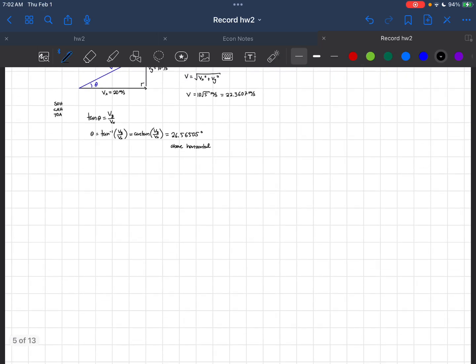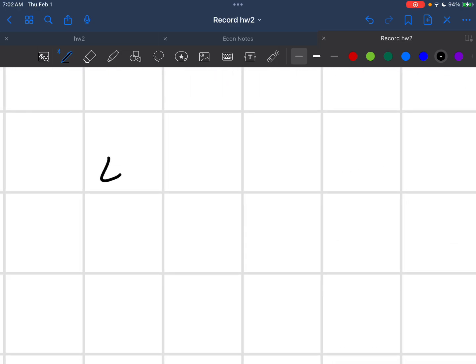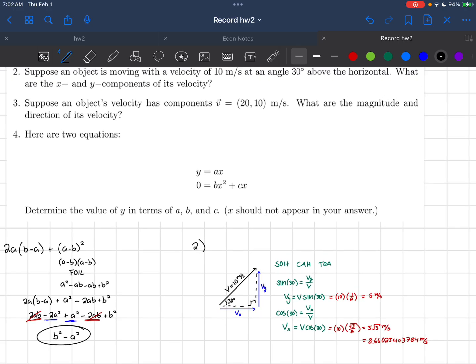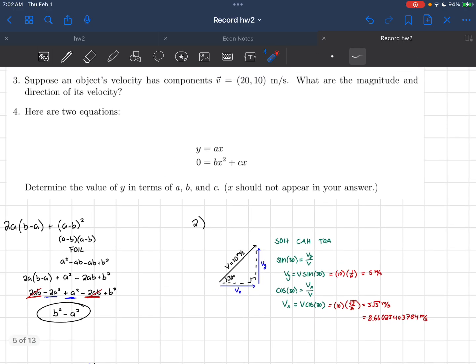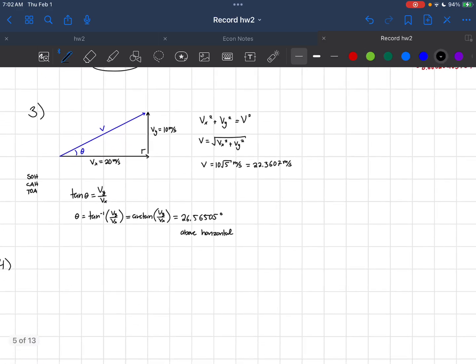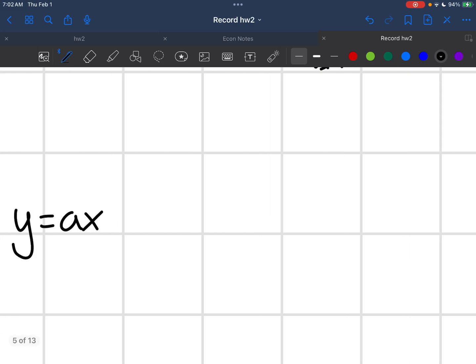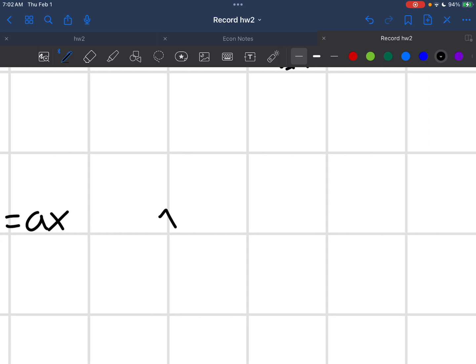Moving right along, we have problem 4, which is solving these two equations for y in terms of a, b, and c. So we have y equals ax and, oops, sorry, not x, 0 equals bx squared plus cx.